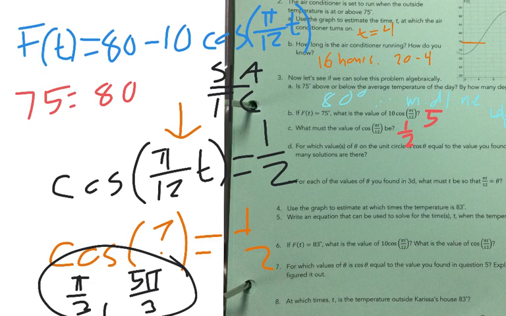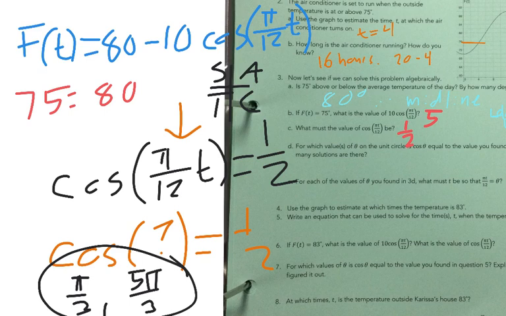Now, because our graph is only one full cycle, we're only looking at one period of this. You following what I'm saying? I don't have to keep doing the 7 pi over 3, the 11 pi over 3, because we're only looking at one cycle from 0 to 24, one day.